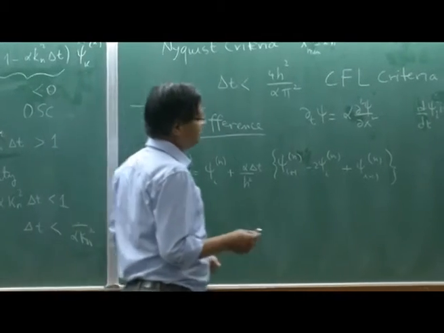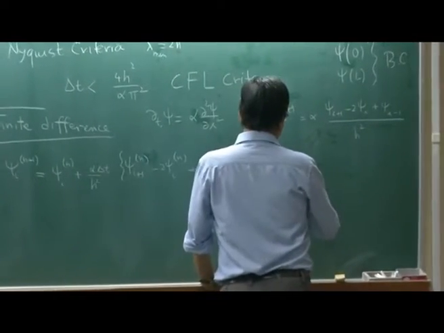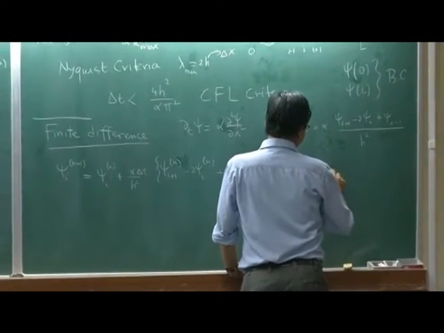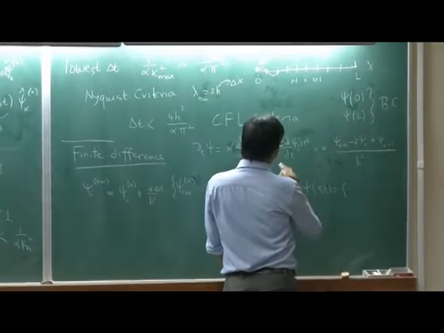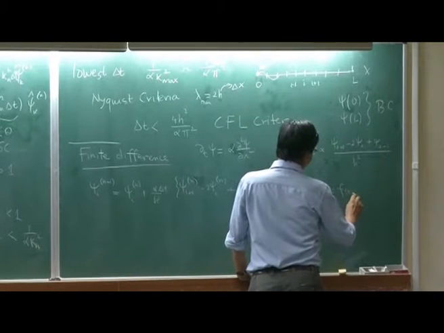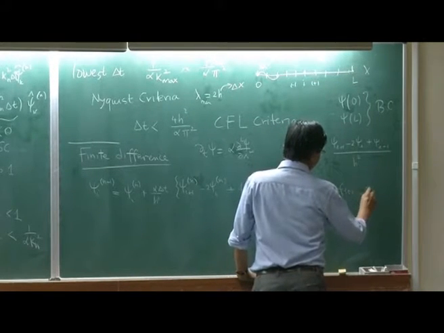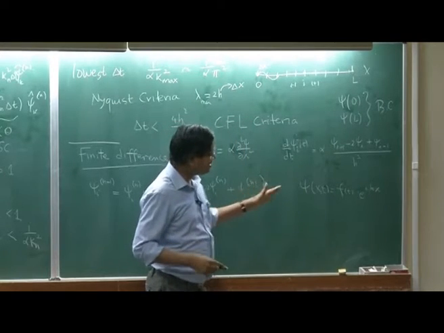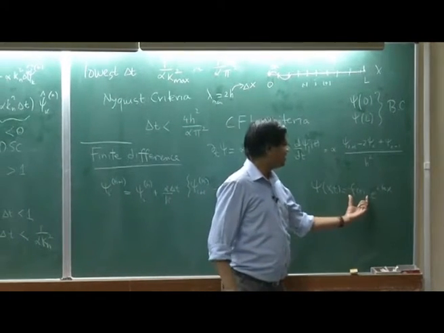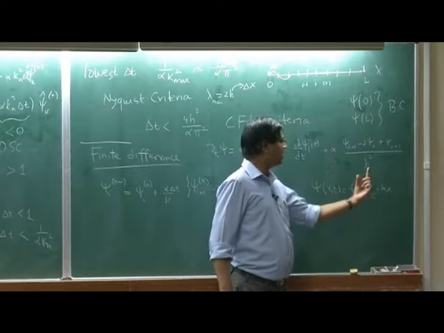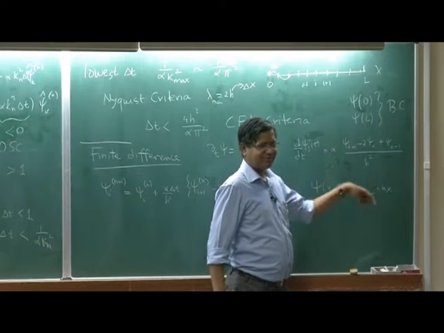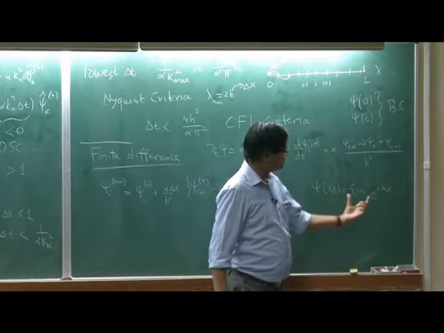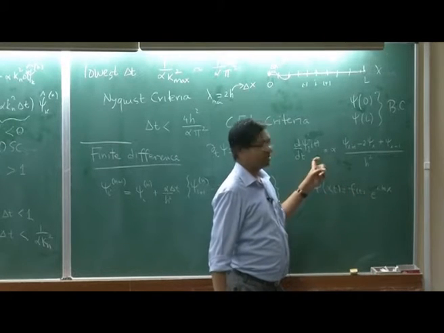I am going to try psi of x, t equal to f of t times e to the power i k x. This is to test stability. This is a standard technique. Will this amplitude grow in time or decrease in time? I am going to plug it in here.